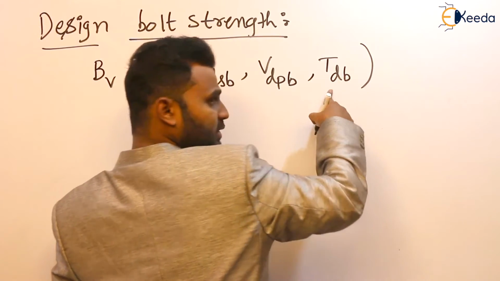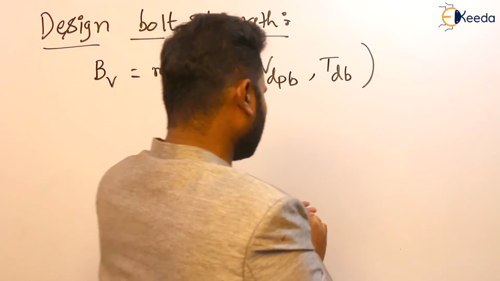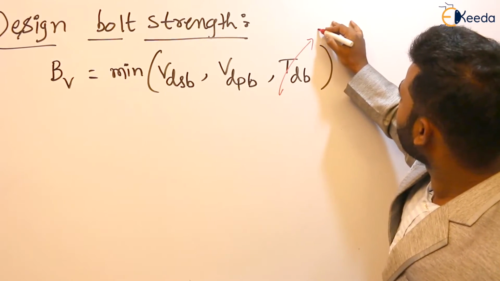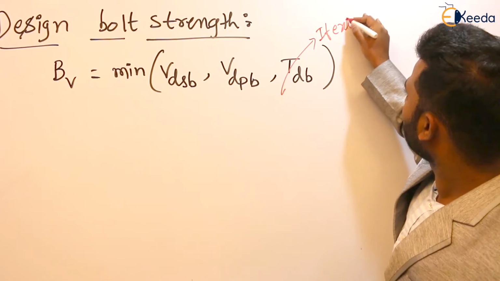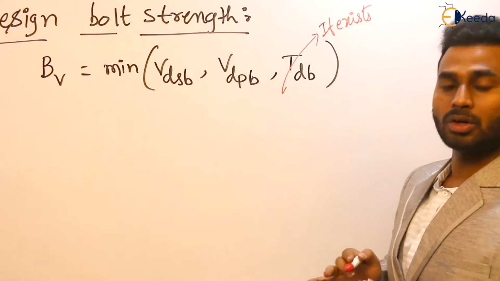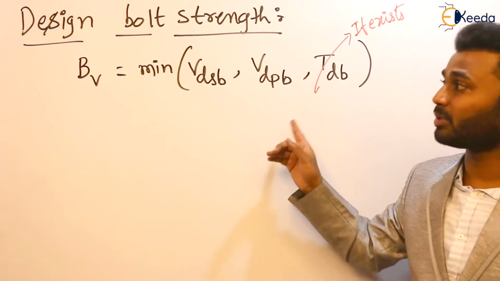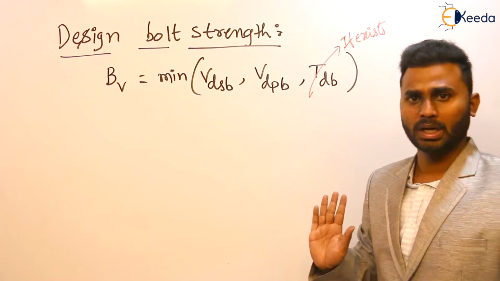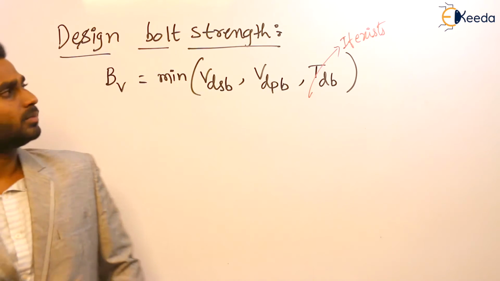This one, if it exists, is not a general case; it is a rare case. Out of these, whichever is minimum is considered as the design bolt strength. We also call it the bolt value. Clear? So take it down.